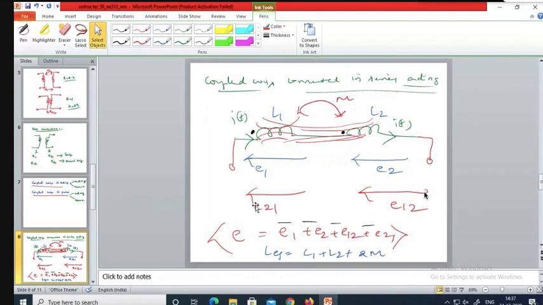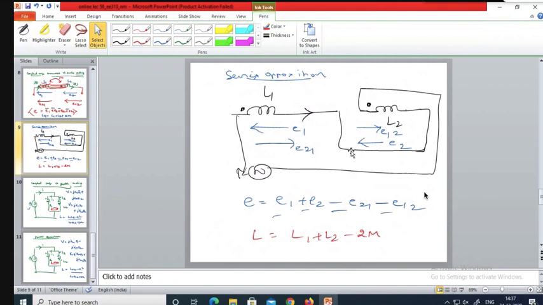Because there is an EMF induced in coil 1 from the flux of coil 2, and an EMF induced in coil 2 because of the flux generated in coil 1. So you have two mutual inductances. Therefore, the total inductance in series aiding will be L1 plus L2 plus 2M.